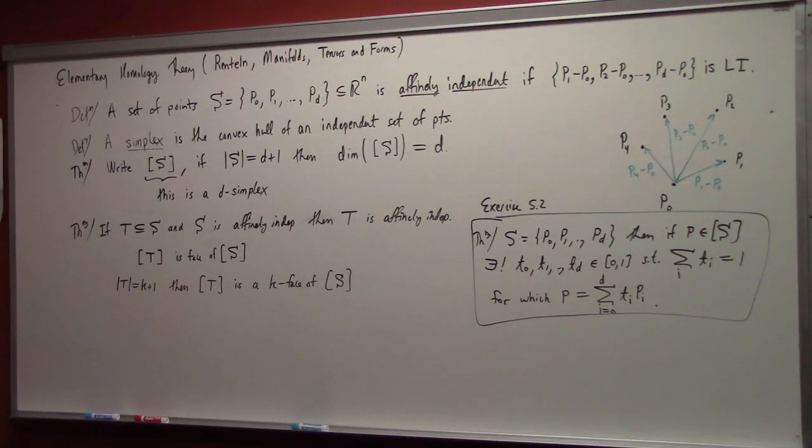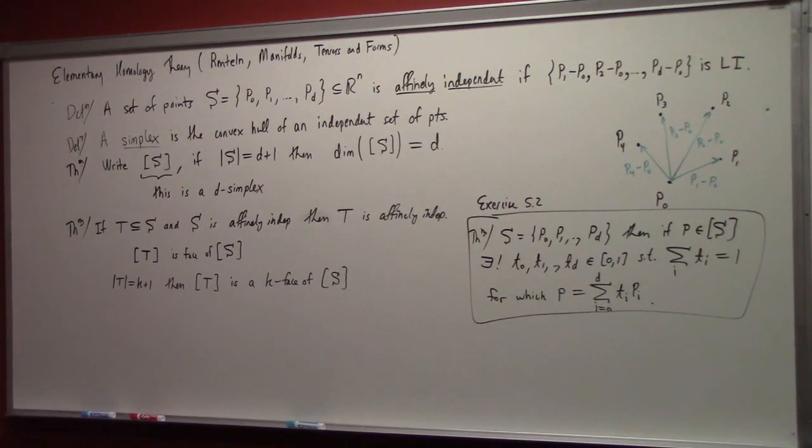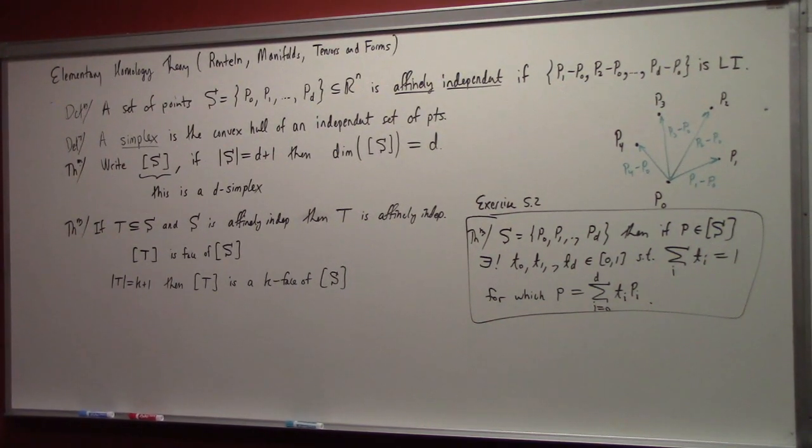He says, remark, as we have defined them, geometric simplices are closed subsets of Rn. Given an independent set of points, P0 through Pn, one can also define the open simplex to be the set of all points where you have positive coefficients and they sum to 1.